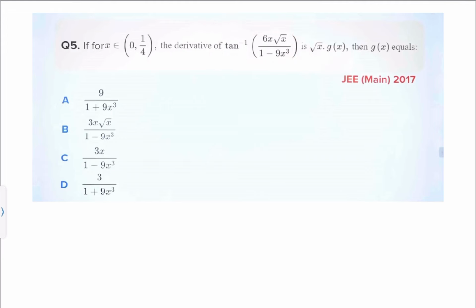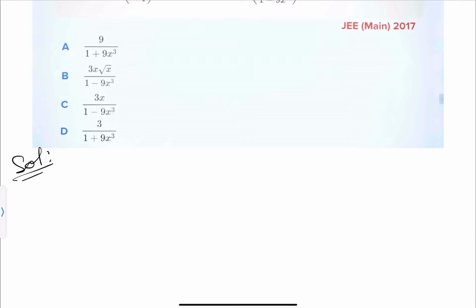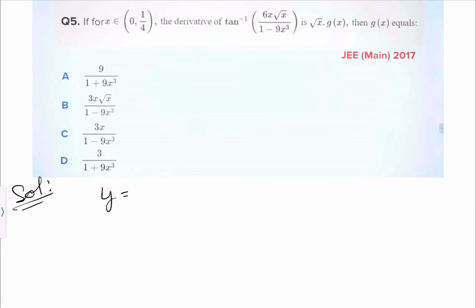So, solution. y is equal to tan inverse of 6x root x upon 1 minus 9 multiplied by x to the power 3. First we will simplify this term itself.